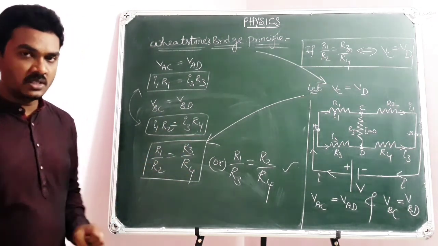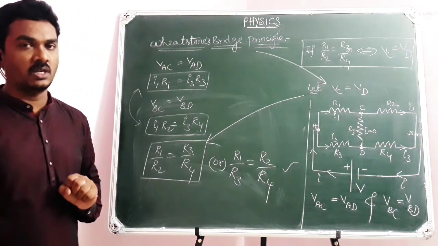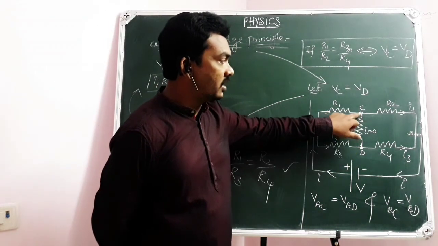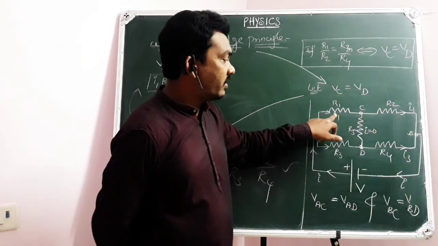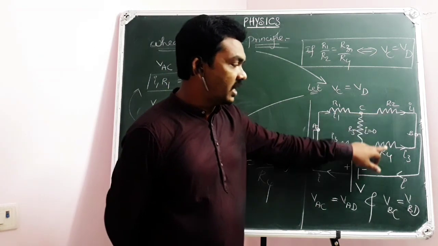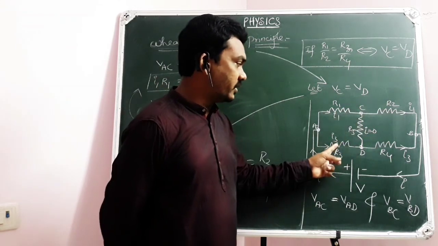So finally, the conclusion is, in a Wheatstone bridge principle, we find 5 resistors in a closed circuit. Next, the 2 points will be at equipotential when R1 by R3 equal to R2 by R4, or else R1 by R2 equal to R3 by R4.